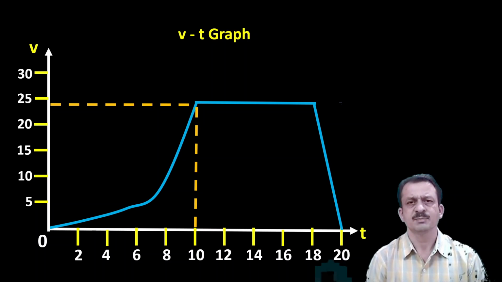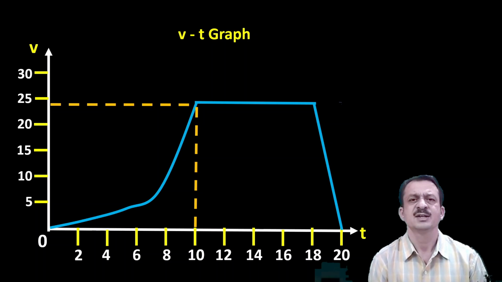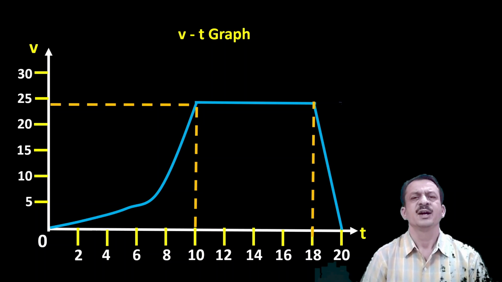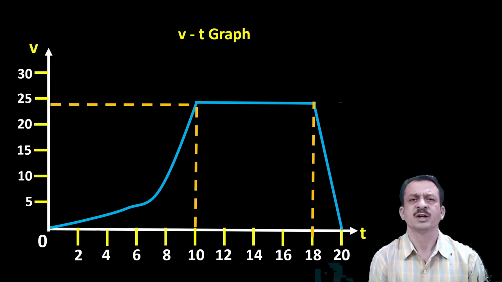Now from this graph we have v1 equal to 0, t1 equal to 0, v2 equal to 24 meter per second and t2 equal to 10 seconds. Now in this first time interval we can work out the average acceleration. Similarly, at the 18th second also the velocity remains constant, as shown by the dotted lines.